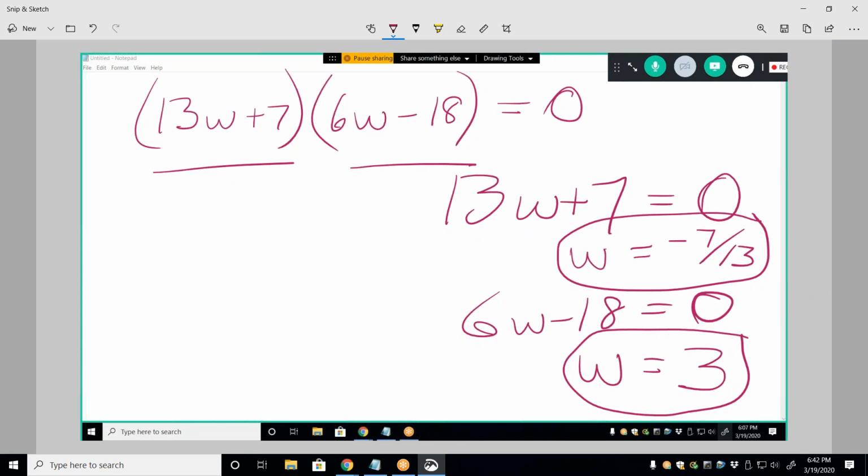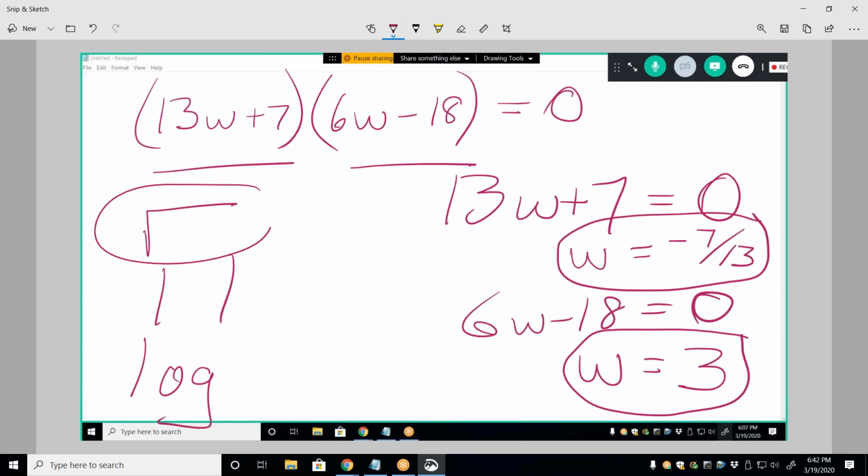There are some situations where you will get two answers and one of them will actually not work. In other words, when you substitute in, usually equations involving radical signs, absolute values, or logs.